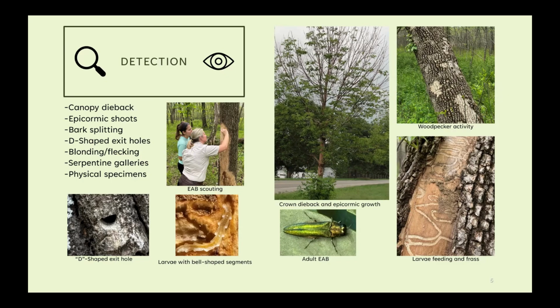And then we could look at exit holes, D-shaped exit holes from where the adults emerge from the host trees. The very distinct D shape is reflective of flat-headed borers, of which emerald ash borer is one. And then also you can see blonding or flecking, or some people call it woodpeckering, of ash bark in that top right photo. That's essentially caused by woodpeckers searching for and feeding on larvae beneath the bark.